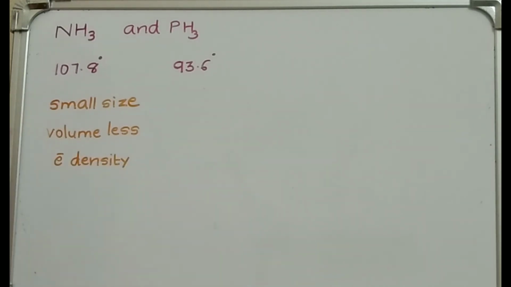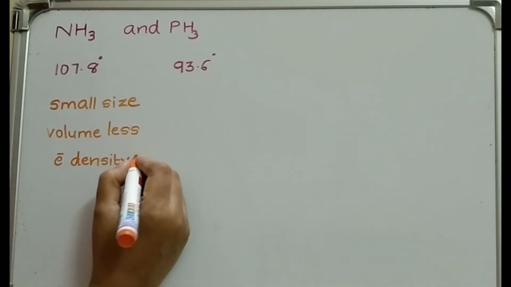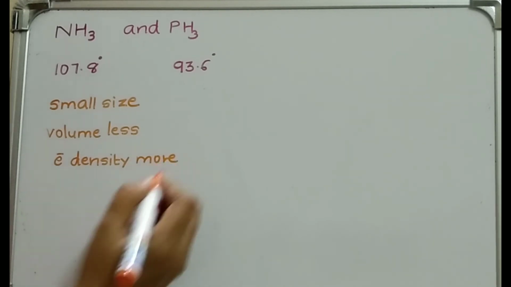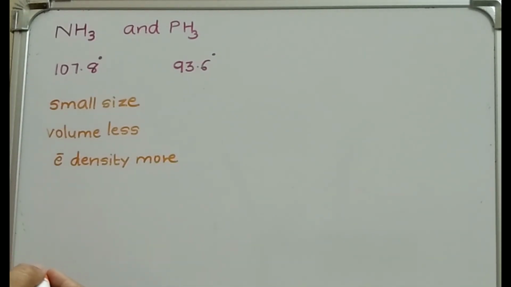We know density and volume are inversely proportional. So the electron density is more, okay, and moreover nitrogen is more electronegative than phosphorus also. So what will it do, it will try to pull the electrons towards itself.